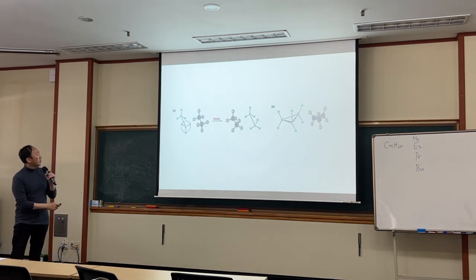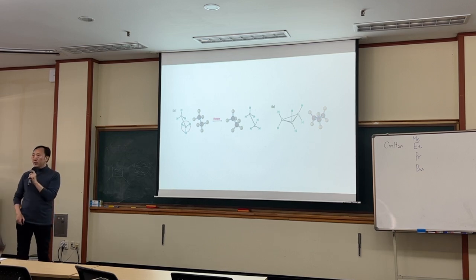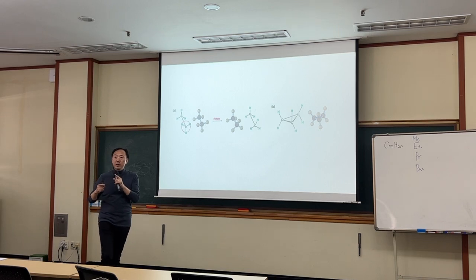Okay? Now, comparing to this open form of alkane, the cyclic form, cyclopropane, is connected together. They can twist a little, but it's impossible to fully rotate unless they break the bond.